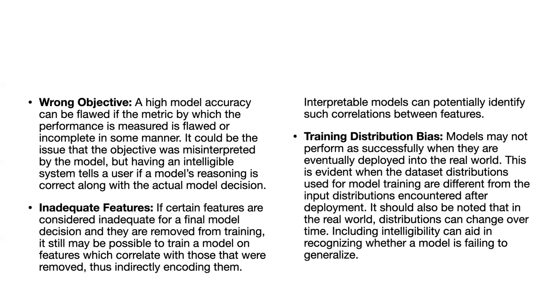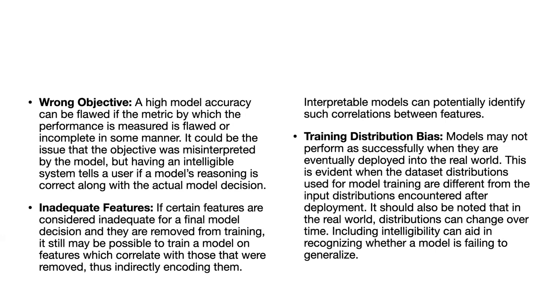In this case, you have not eliminated the column for school, but inadvertently it reveals information about the gender, and you want to make sure you pick up on these correlations, and explanations can help in helping you understand what the model is doing.